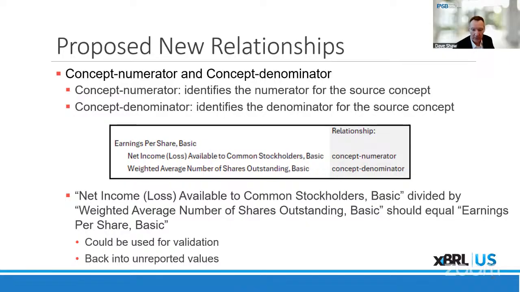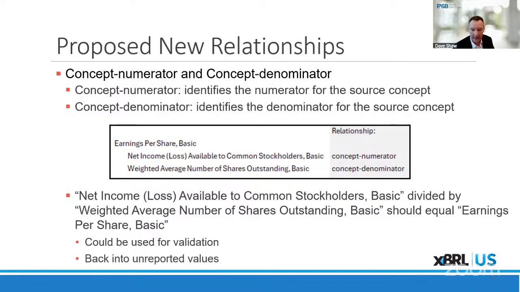That can be really helpful information for users of the XBRL data. There are other means of doing that, like using formula, but that tends to be a little more difficult to get at.